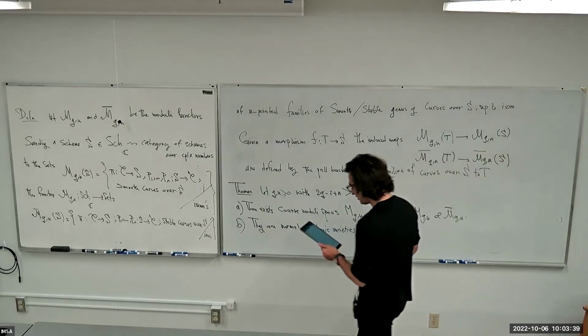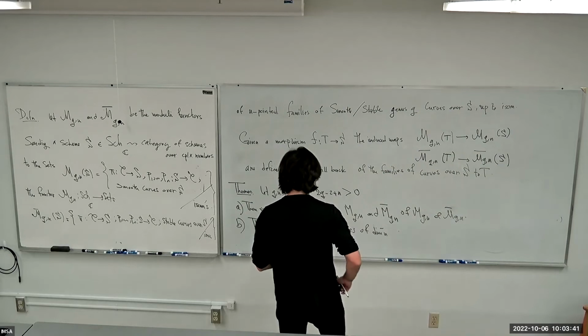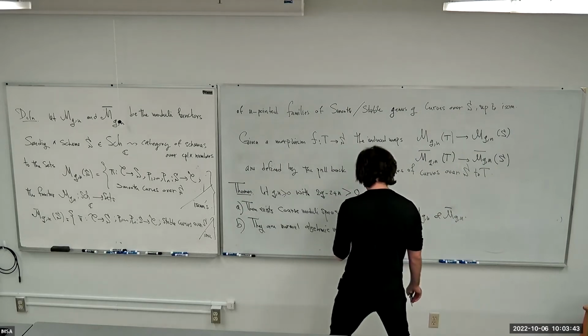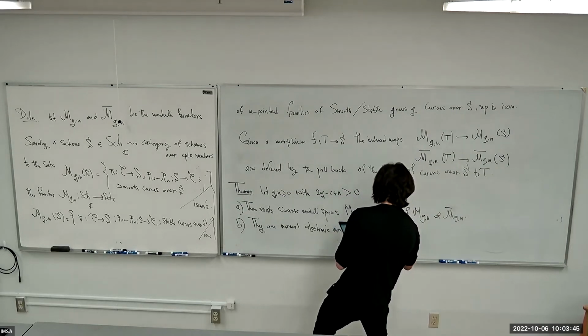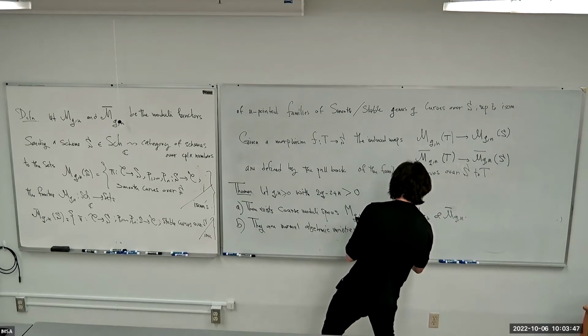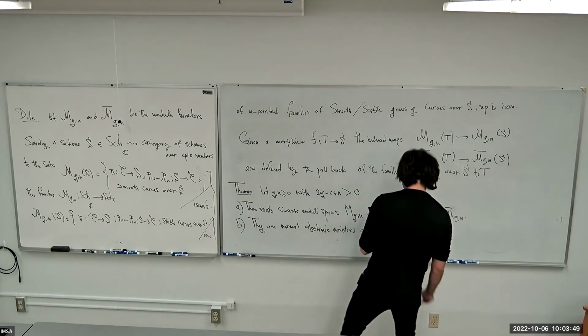So that's a theorem. And then these two spaces are algebraic varieties of dimension 3g minus 3 plus n.